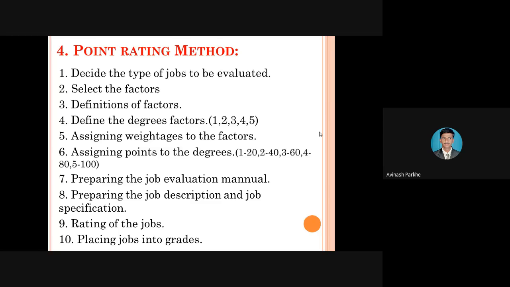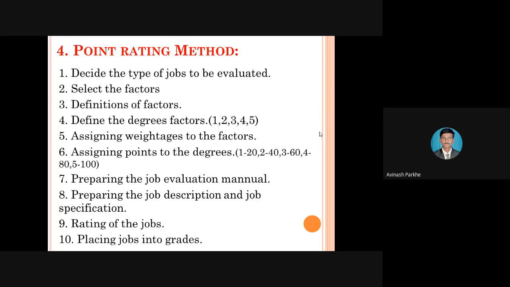Then define the factors. Whatever factors we have selected, we have to define them, for which purpose I have taken that particular factor. Sometimes we take a factor, but that factor is not useful during the job evaluation. If there is no use, then there is no need to take that factor under consideration. So only those factors which are required during the job evaluation will be taken into consideration.